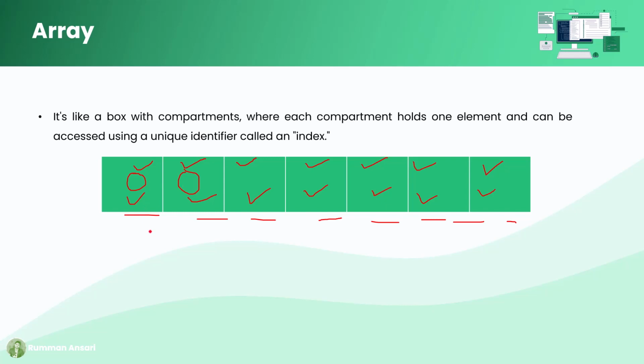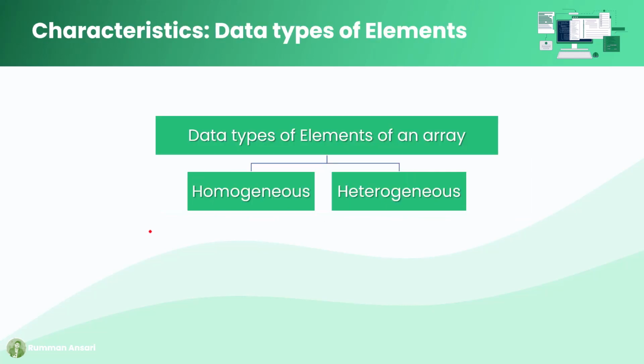Now let's discuss one characteristic of an array, that is the data type of the elements. Data type of elements means it can store homogeneous types of data, or it can store heterogeneous types of data. Homogeneous means all the data will be the same type.